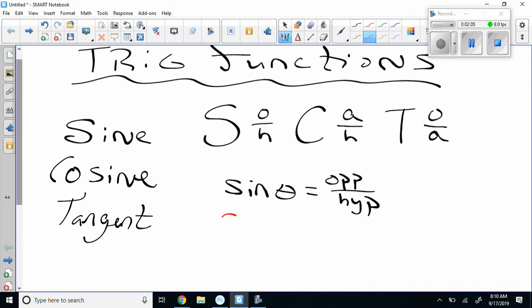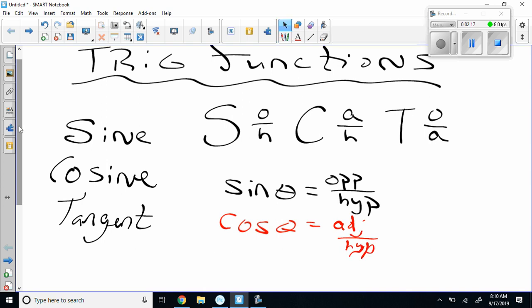And then we've got cosine of theta equals adjacent over hypotenuse, right? And then the last one would be tangent, which would be opposite over adjacent.